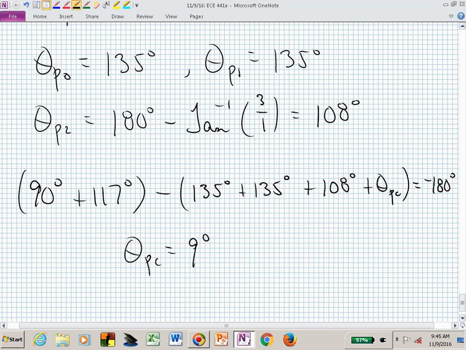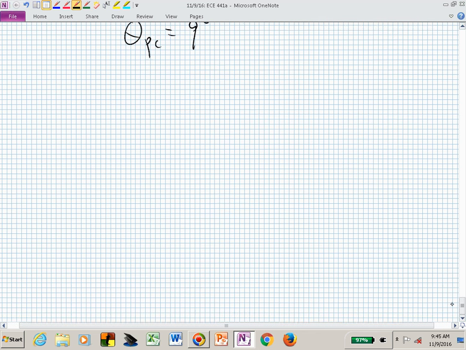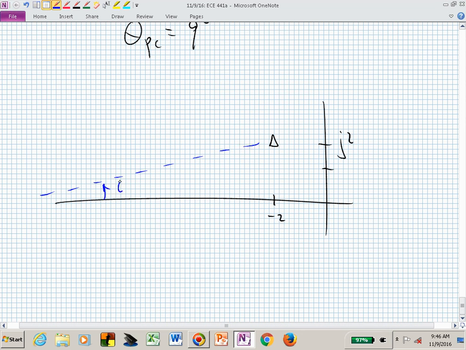So now we have to put that pole far enough into the left half plane such that it looks up at 9 degrees when it looks at the point minus 2 plus j2. Or schematically, what we are doing is we now need this angle to be 9 degrees.